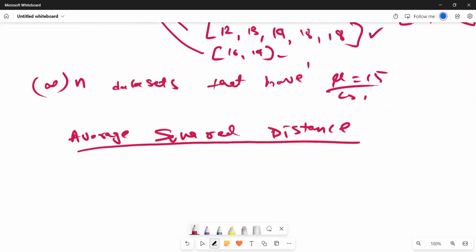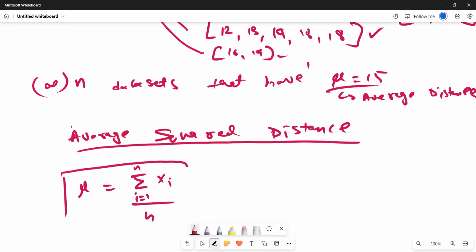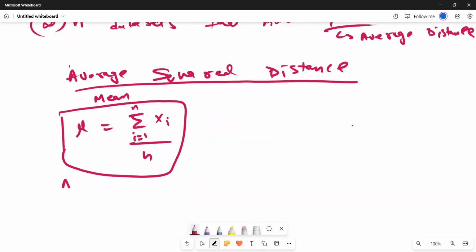What is mean? Mean is the average distance. We represent the mean as the summation of i equals 1 to n of xi divided by n. This is the mean of the data, also referred to as the average distance.